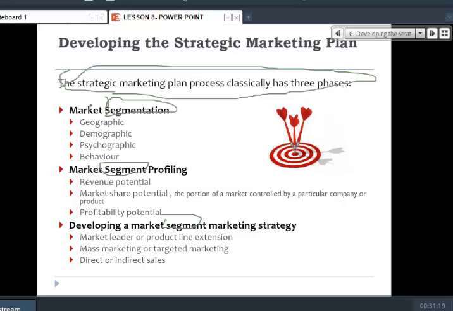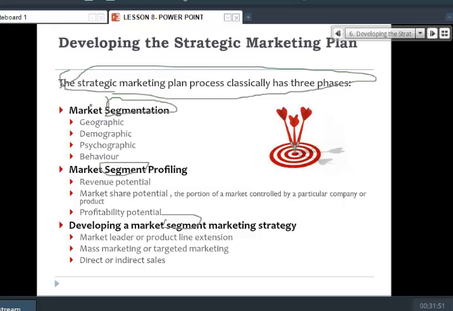You need to know about developing the market segment marketing strategy. You need to know about the market leader. Like here in Malaysia, we have the leader for prices. They call themselves the price leader in Malaysia for the everyday products for people, the giant brand.